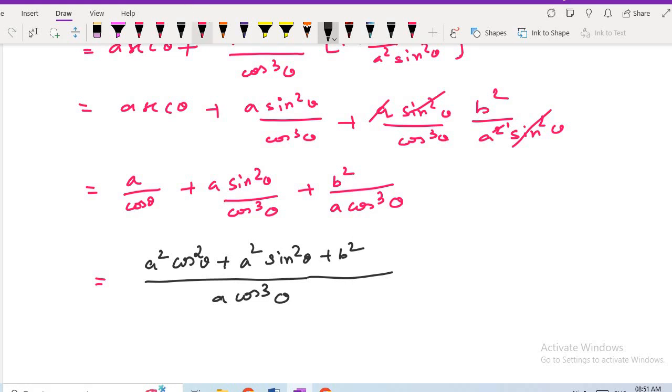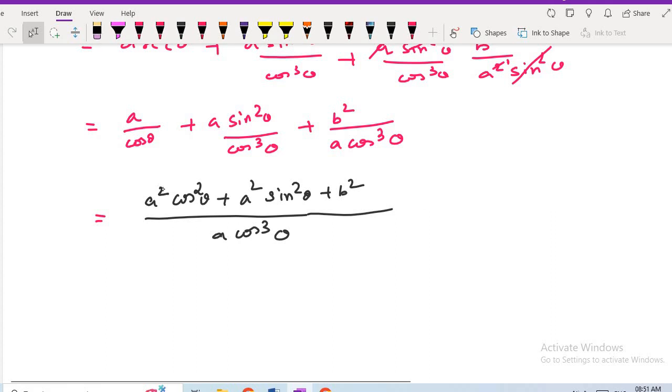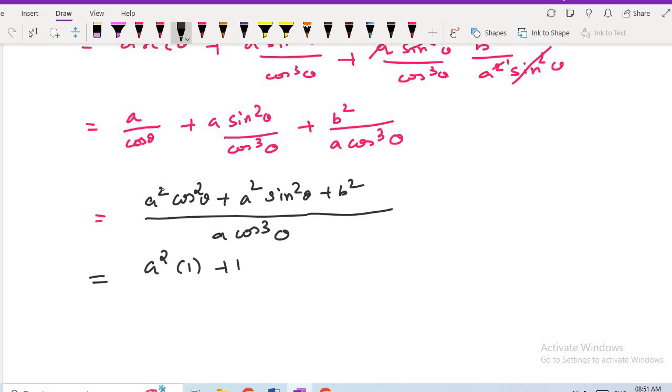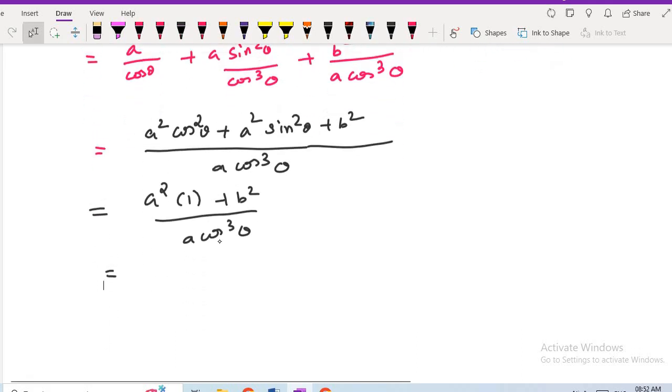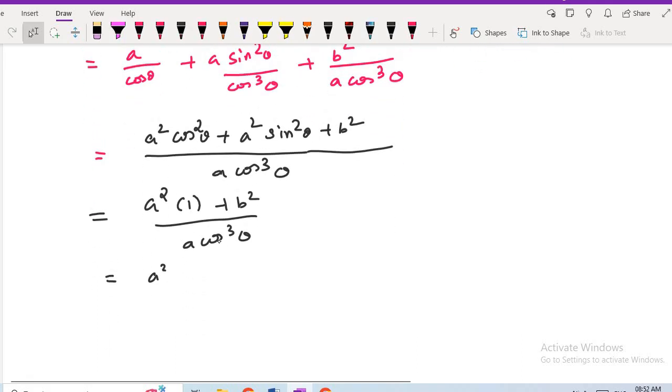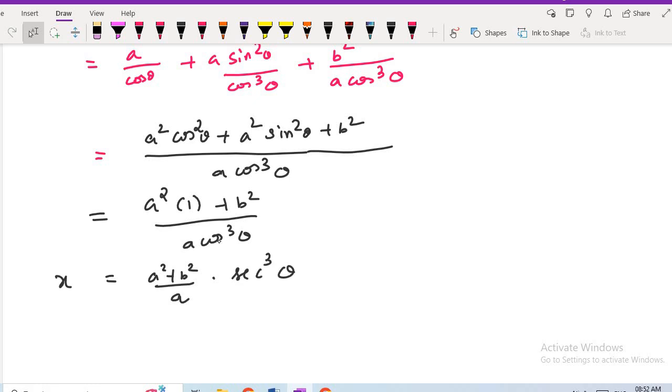So taking a square common outside: cos square theta plus sine square theta, plus b square, divided by a cos cube theta. Now this can be written in simplified form as a square plus b square divided by a, which is a constant, into 1 by cos cube, which is secant cube theta. This is our x bar.